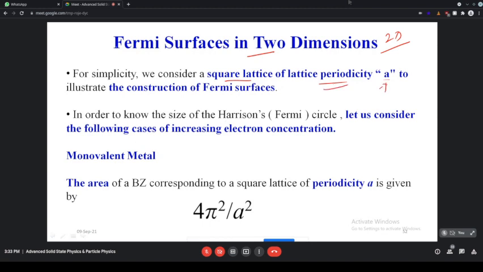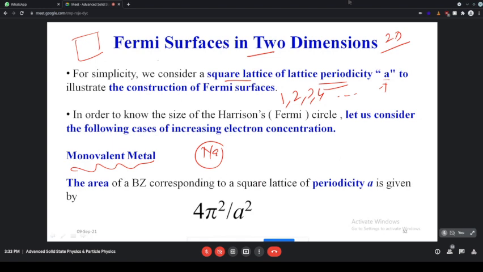Suppose we are considering a square lattice having periodicity a, and we have to construct the Fermi surface in two dimensions. Okay, let us start. There may be one electron, two electrons, three electrons, four electrons, and so on. Let us consider, for example, a monovalent metal, for example sodium.